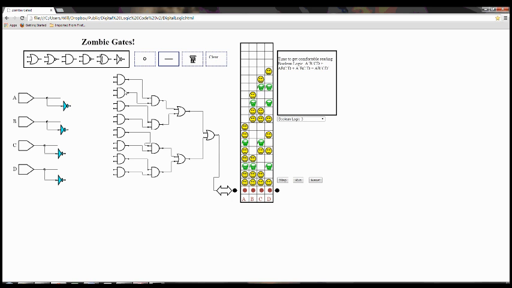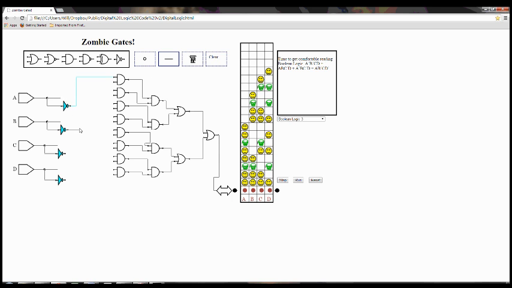Now I can just take first equation, put all of them into these four, second into these four, third into these four, last into these four. It'll make more sense as I go. So let's look at this first equation here. First I have A naught, B naught. So I just go from my NOT gate. Here's my A naught.